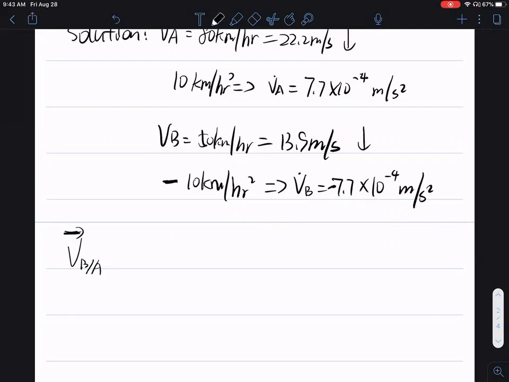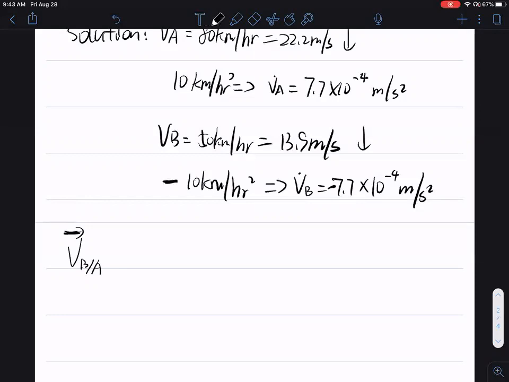What does VB/A mean? The velocity of car B with respect to A. Yes. Remember that slash, it's an observer. So all you can see is the speed of B observed in car A.